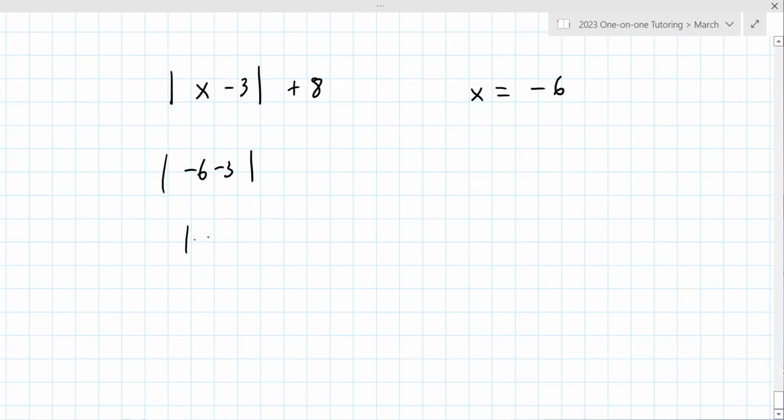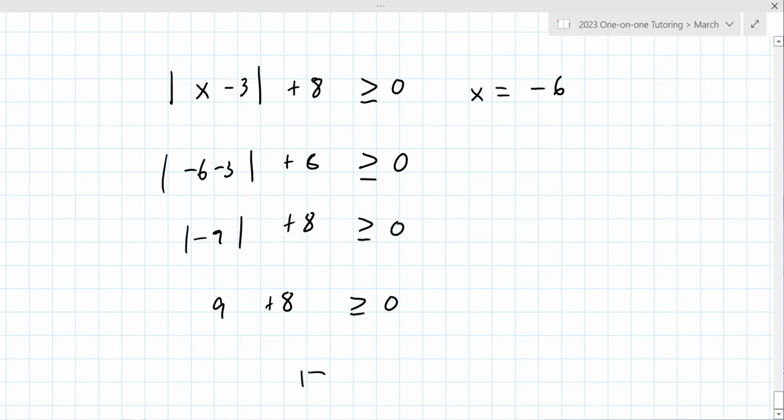Okay, so the absolute value of -9 is 9, plus 8. Now let me add this in: greater than or equal to 0. Is this true? Yes, it is.